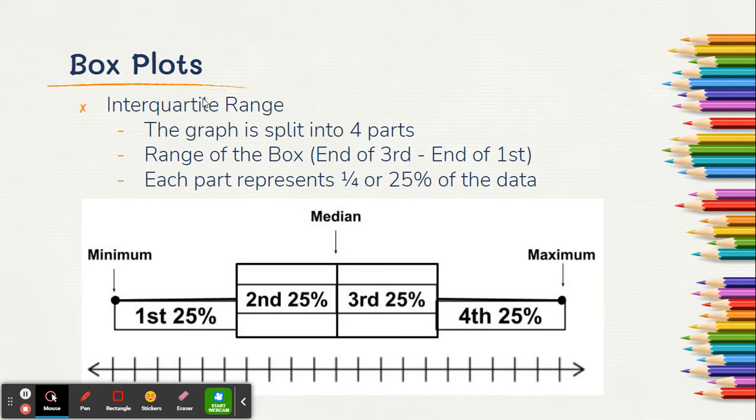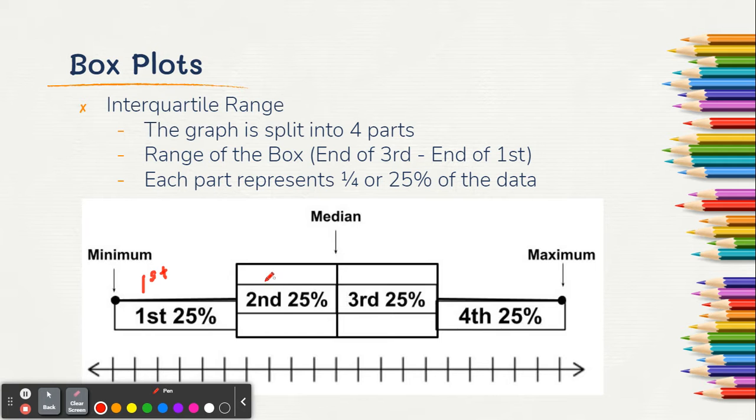If we look at that word, it says quartile. It's like quarter, so that means I'm splitting the graph into 4 parts, based on the box and whiskers. The first part is the first quartile, from the minimum to the beginning of the box.